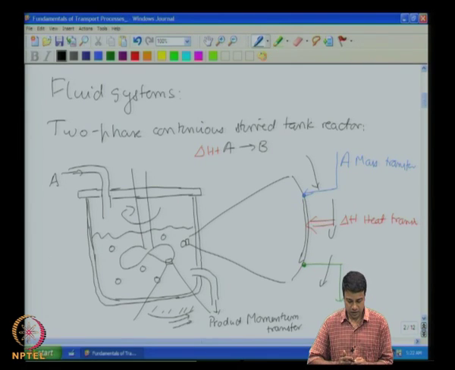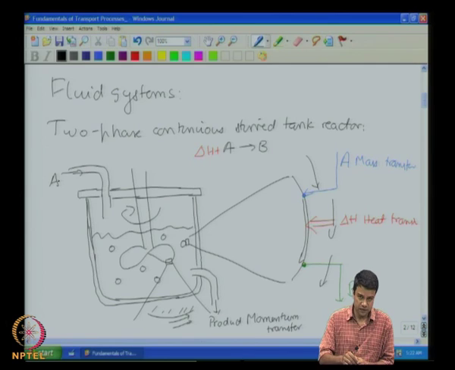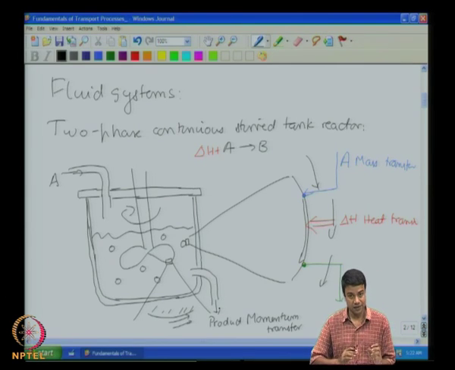And it is not just sufficient to ensure that there is sufficient amount of raw materials coming in and products going out, because the reaction is taking place at the surface of the catalyst. So, if we look at the surface of a catalyst, we have to make sure that there is sufficient amount of reactant continuously coming to the surface, reacting, and product leaving the surface.